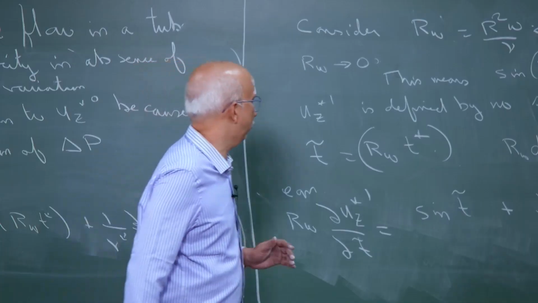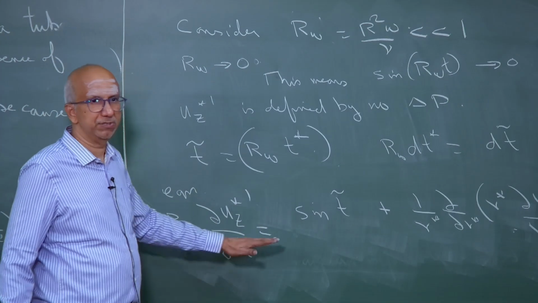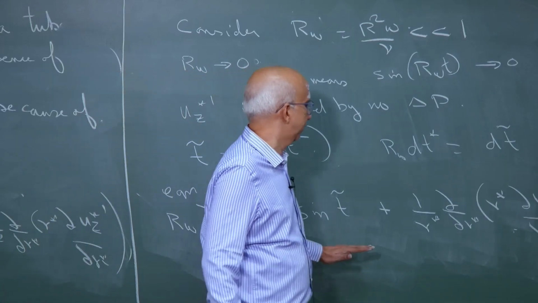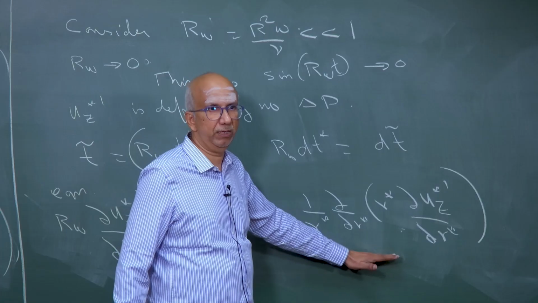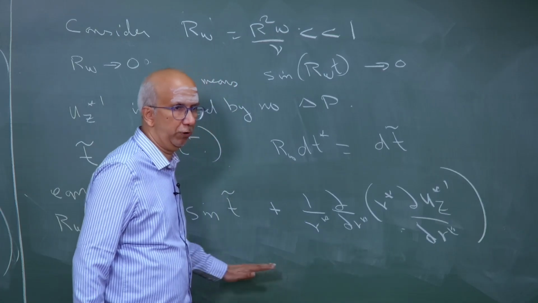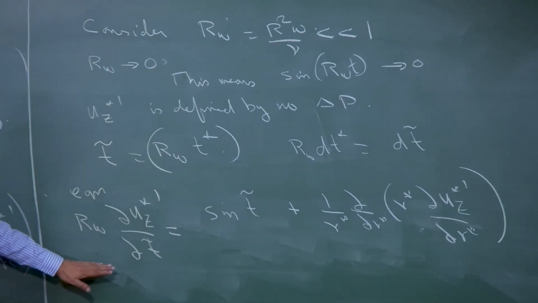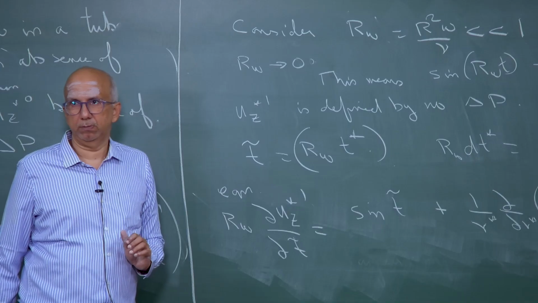As if RW goes to 0, that means I can basically neglect this term. I am still able to capture the effect of the periodic variation of pressure and the modified velocity field. I have a modified velocity field, the periodic pressure, but now all I am saying is the time derivative is not important because RW is very small.